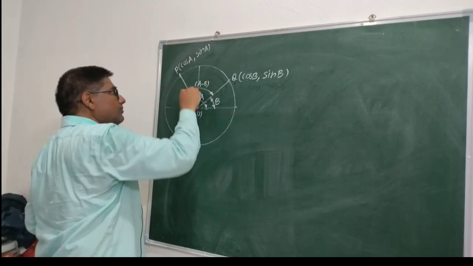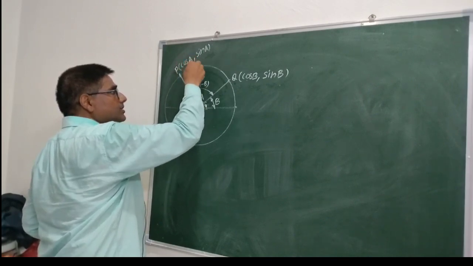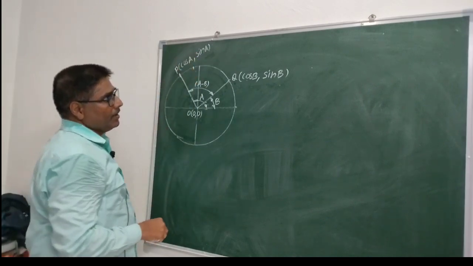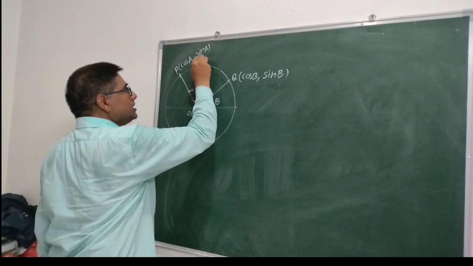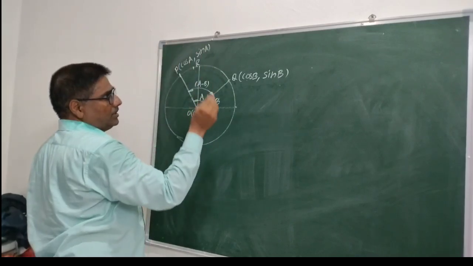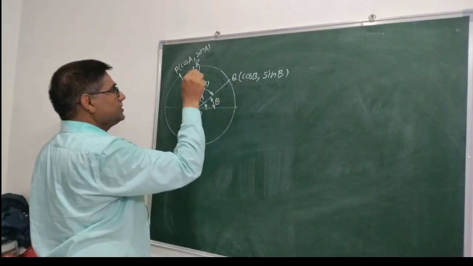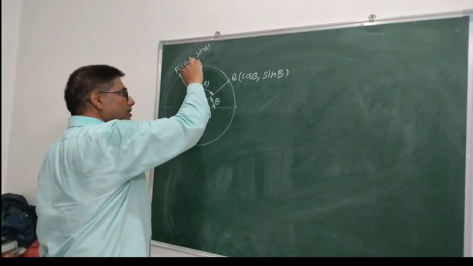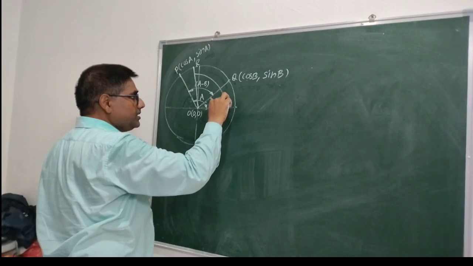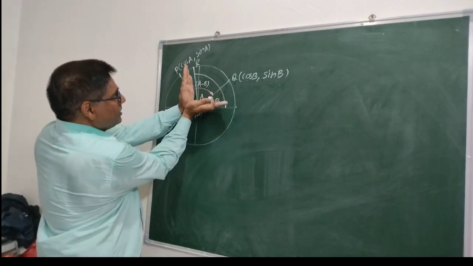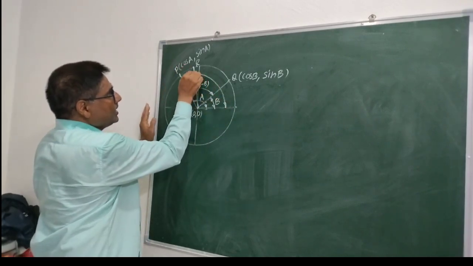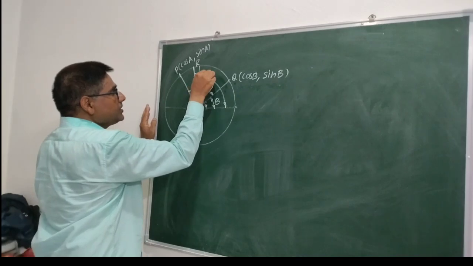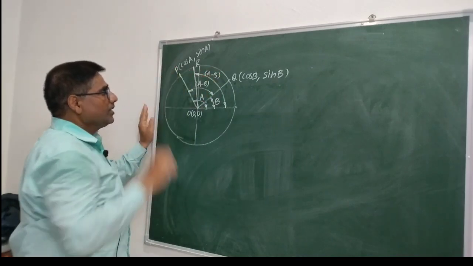This is the new position of point P. Say this position is R, and this will fall on this. Let's join this. We have not disturbed this angle, we have just rotated. Therefore, this angle is again A minus B.